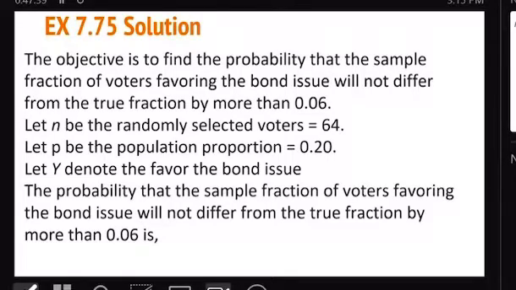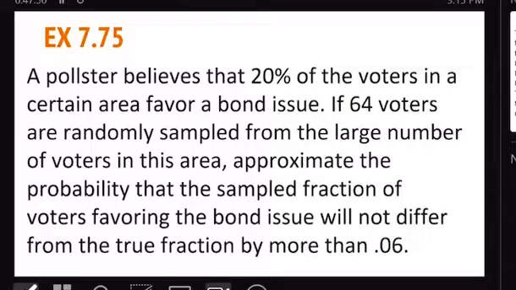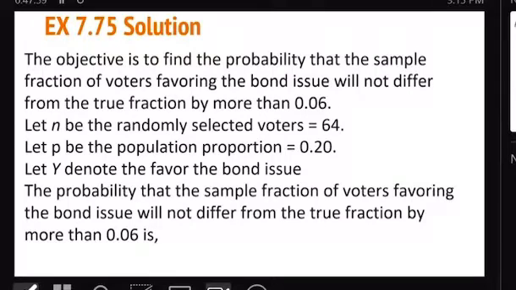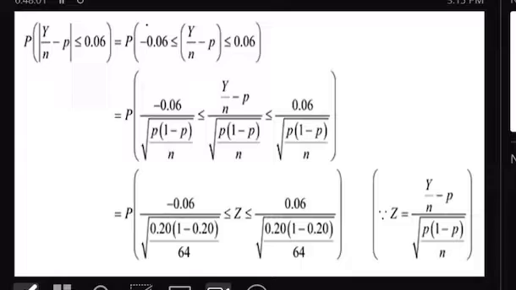This is the solution. You want to find the probability that the sample fraction of voters favoring that will not differ from the true fraction by more than 0.06. Your sample size is 64. And let P be the population proportion, 0.20, which is already given: a pollster believes 20%. That's the population proportion. Now, this is how you can interpret that.